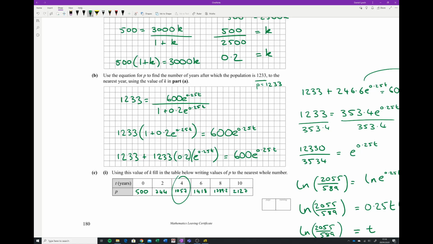So let's do that. 600 e to the 0.25, and I'm putting in 4 here, and it's over 1 plus 0.2 e to the 0.25 by t, which is again 4. Yeah, so that comes up as 1056.56.